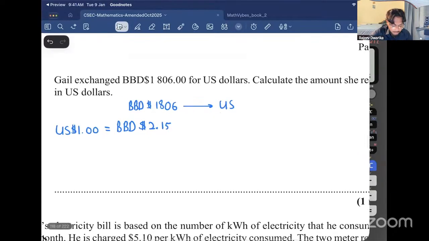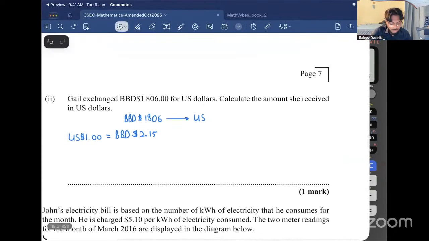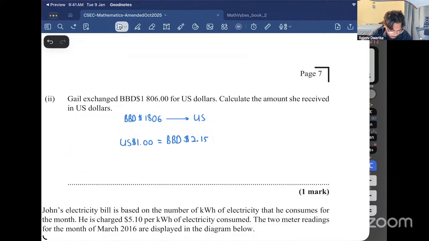So, Carla, how will I work this out? I want to convert 1,806 to US dollars. How would I work that out? My hint would be that you could find for 1 and then scale it up.